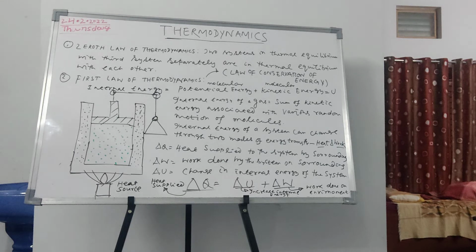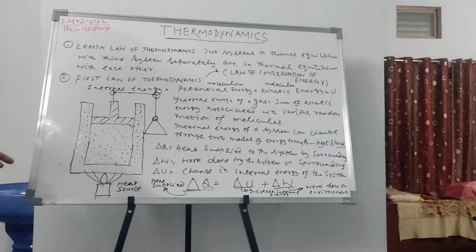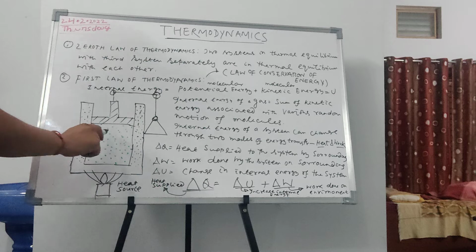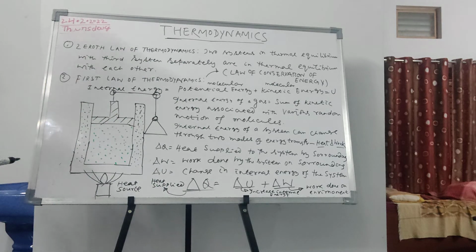Either by supplying heat, or by doing some work on the surroundings, or the surroundings doing some work on the system. In this case, you can see this is a system. You have a piston and a cylinder, and the green dots represent that some gas is present in the system.